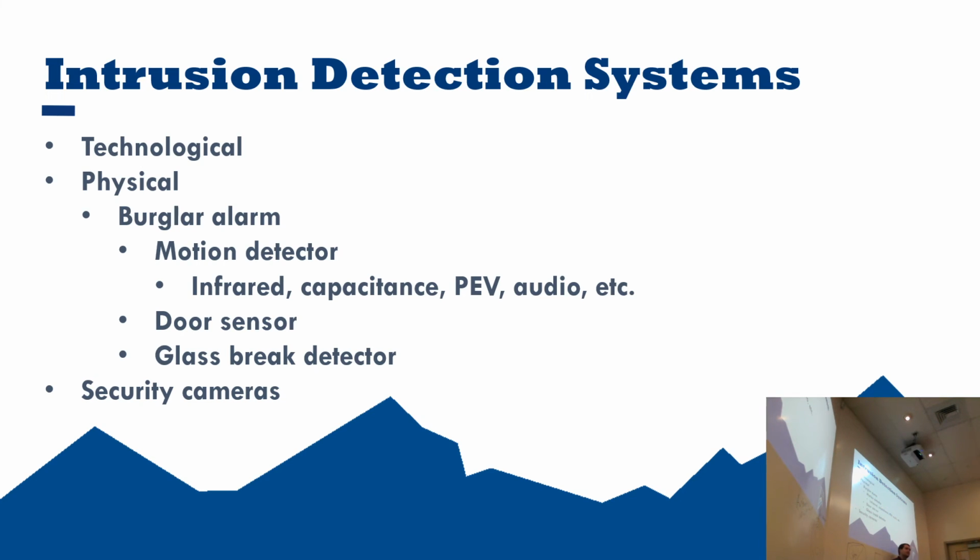PIR. That's looking at photoresistive, so changes in light. Audio. So it's looking for changes in the audio pattern of a space, and many others. And I would say, in general, it's going to be best practice to have more than one in highly sensitive areas. Because you can beat infrared pretty easily, right? It's not too hard to beat infrared, is it?